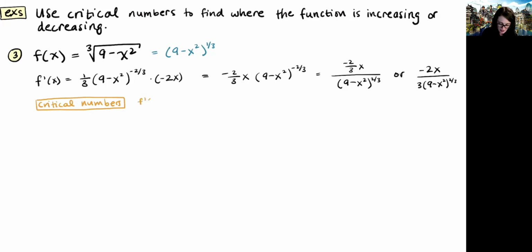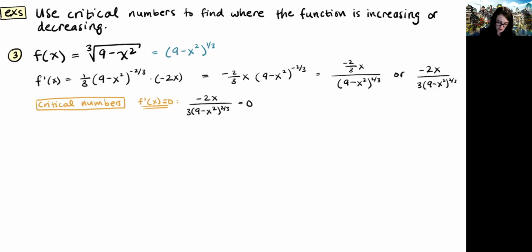There are two kinds of critical numbers, the first is where the derivative is equal to 0. So we want to set this whole derivative expression, the negative 2x over 3 times parentheses 9 minus x squared to the 2/3, equal to 0. Now this looks like it's going to be a kind of crazy thing to solve, but remember that when you've got a fraction set equal to 0, you can just cross multiply, and what ends up happening is that the denominator just goes away.